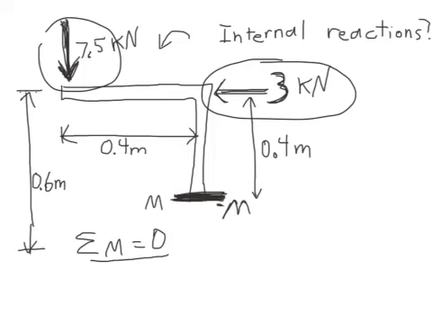So if we add the moment from the 3 kilonewton force, that moment is the force times the moment arm, which is the distance from where the force is applied right here to the location that it would rotate around. So here at point M is where the axis of rotation would be. So the moment from this 3 kilonewton force is 3 times 0.4.